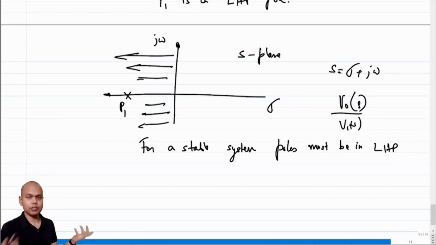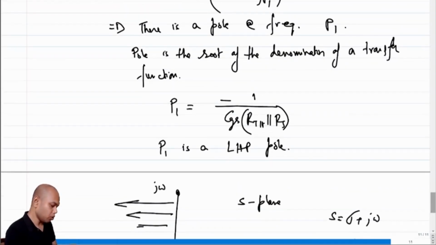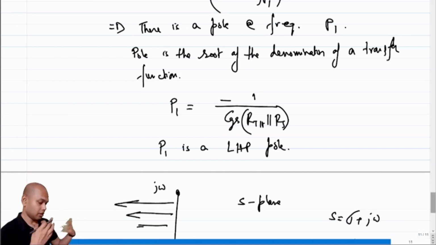This is the mark of a stable system, because if you give an impulse input to a stable system, its output should not blow up. So it's the bounded input, bounded output stability criterion. From there, we know that the pole should be on the left half plane. So in this case, the poles are on the left half plane. That's good. Our common source amplifier is stable. That is number one. What is the second observation?